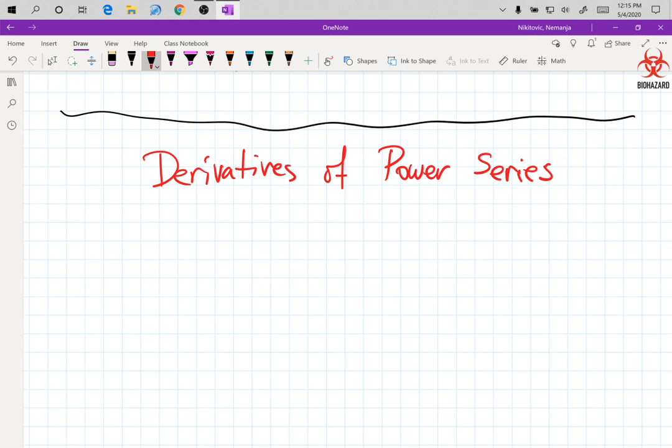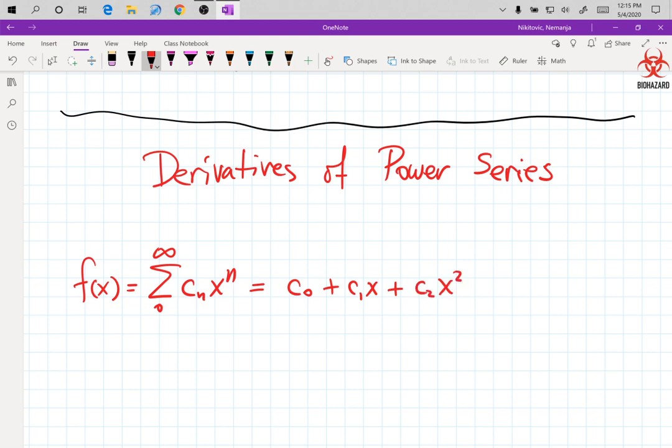What do I have? I have my definition for f of x, which was what? Power series, the sum of Cn x to the n starting at 0 going to infinity, which was C0 plus C1x plus C2x squared plus C3x cubed plus and so on. So that was your life.